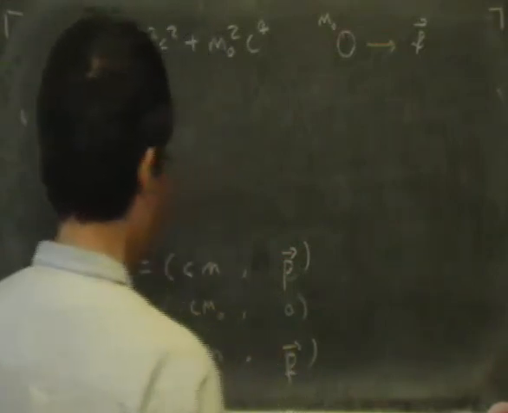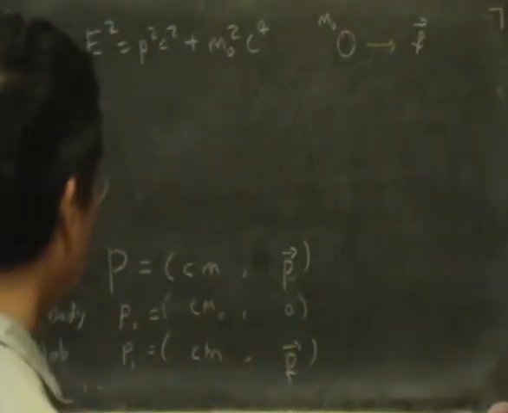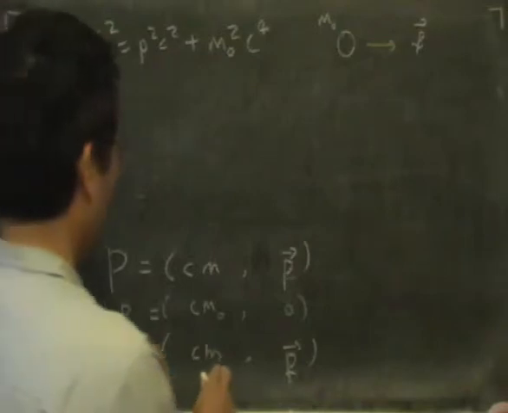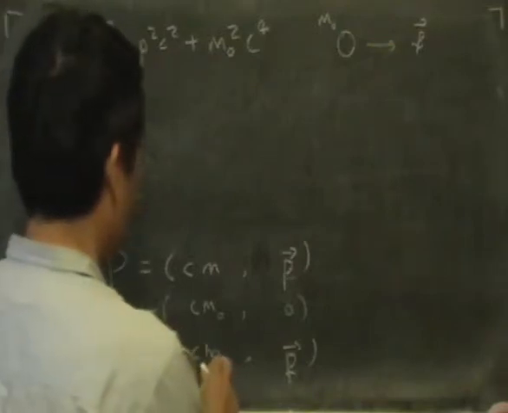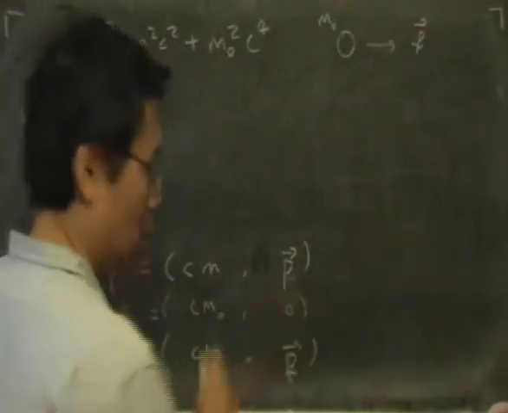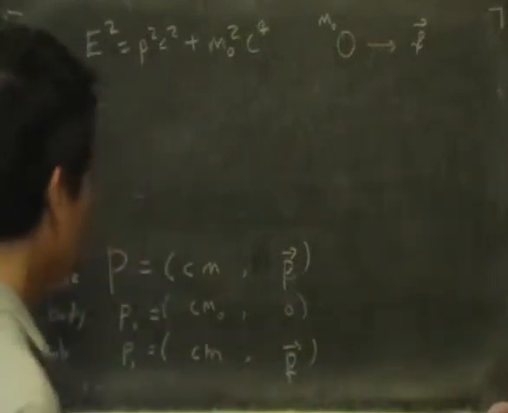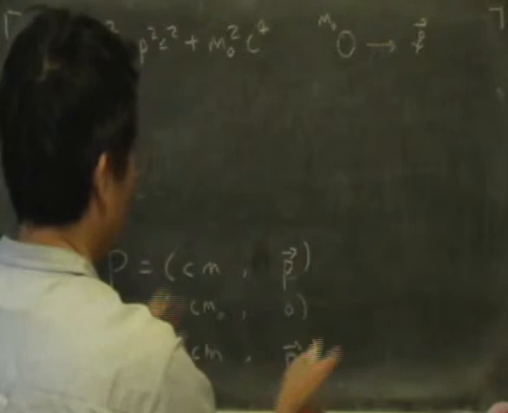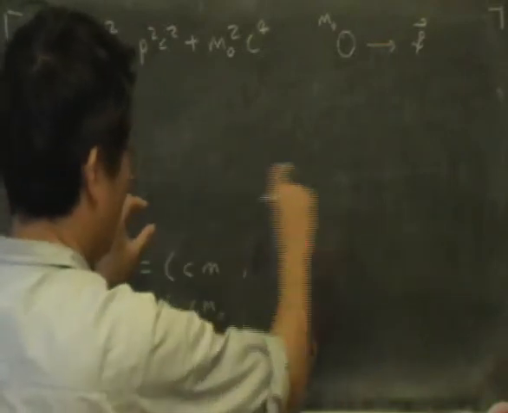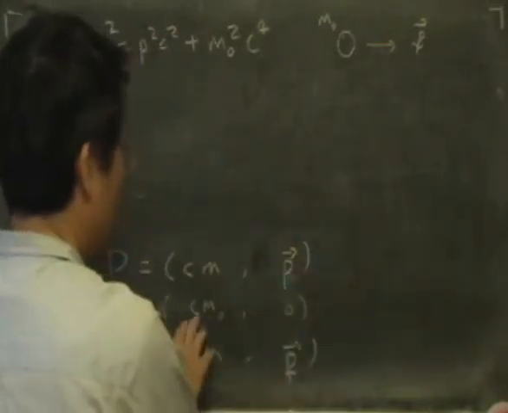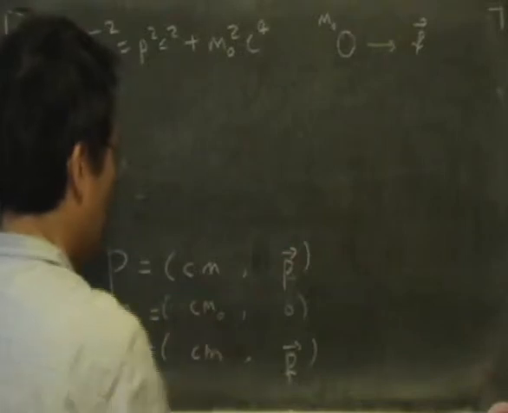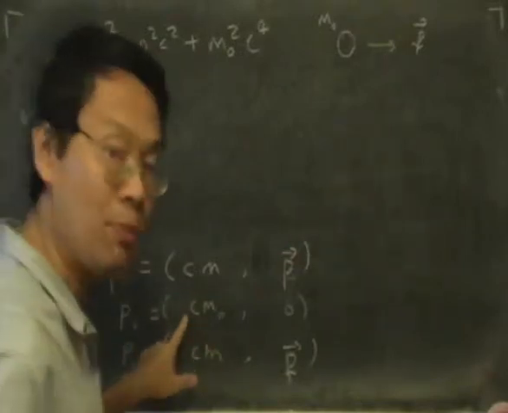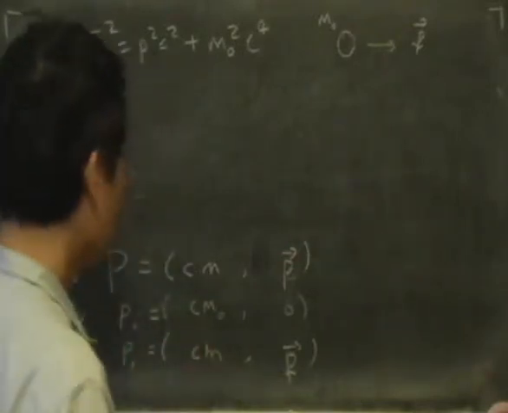Now if you remember how to take inner products, in the last session I wrote this as a column vector multiplied by a row vector where the part that corresponds to time has a negative sign.